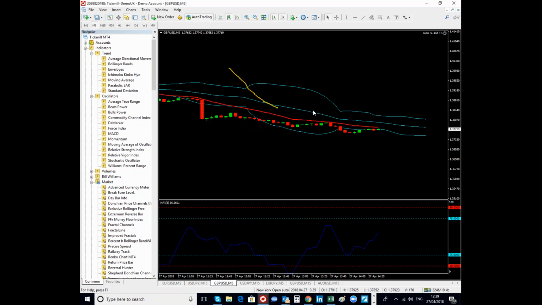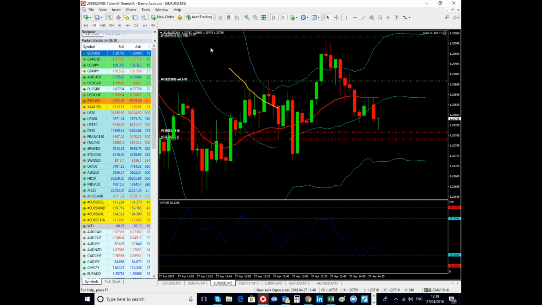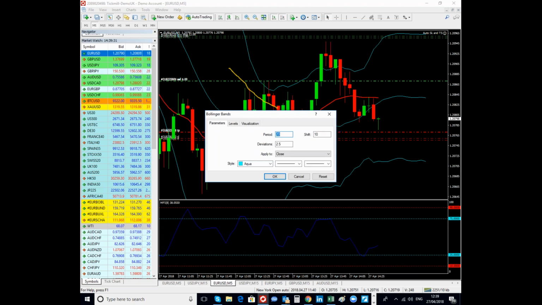Why is it below when this here is the... What am I not seeing here? But the middle band is a 20 moving average. So what am I not seeing?